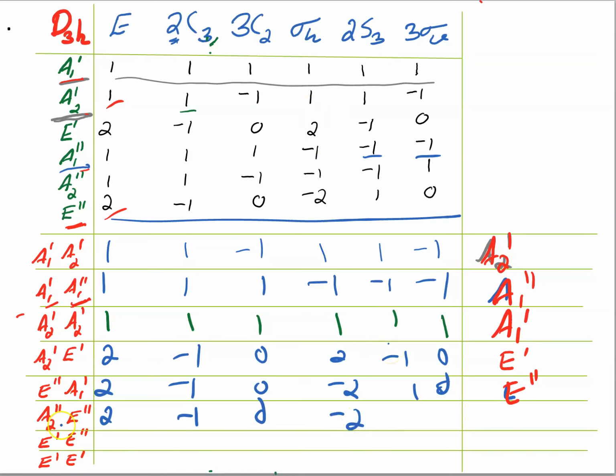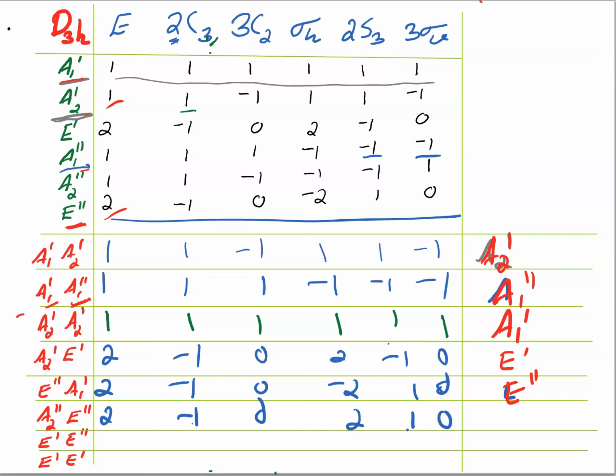Sorry, we are multiplying A2 double dash with E double dash. A2 double dash, this one. So 1 into 2, 2. 1 into minus 1, minus 1. Minus 1 into 0, 0. Minus 1 into minus 2, that is plus 2. Plus 2 here. Okay. Next, minus 1 into 1, that is equal to 1. Next, 1 into 0, 0.